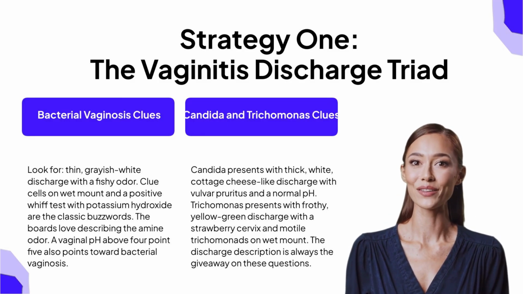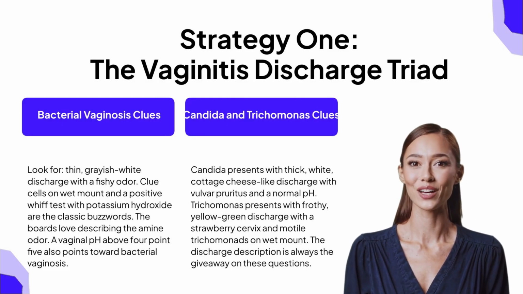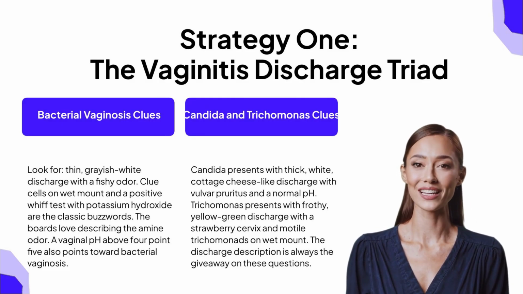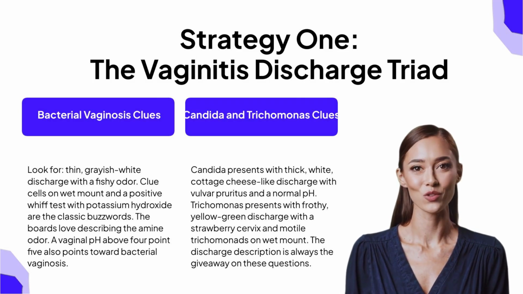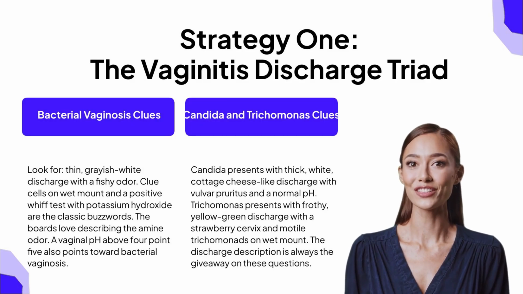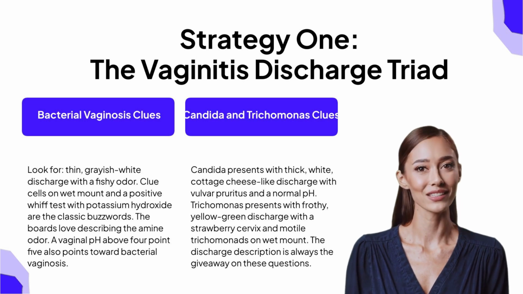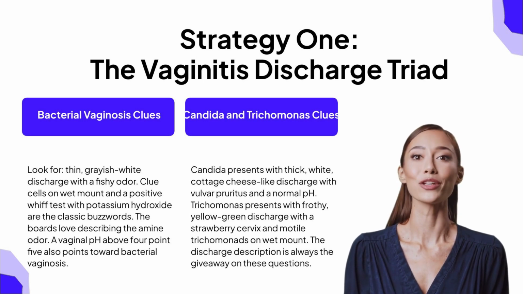For Candida, look for thick, white cottage cheese-like discharge with vulvar itching and a normal pH. For Trichomoniasis, the stem will describe frothy yellow-green discharge, a strawberry cervix on exam, and motile organisms on wet mount. When you see a discharge question, your first move should be to identify which of these 3 patterns the stem is describing. That alone will get you to the right answer most of the time.